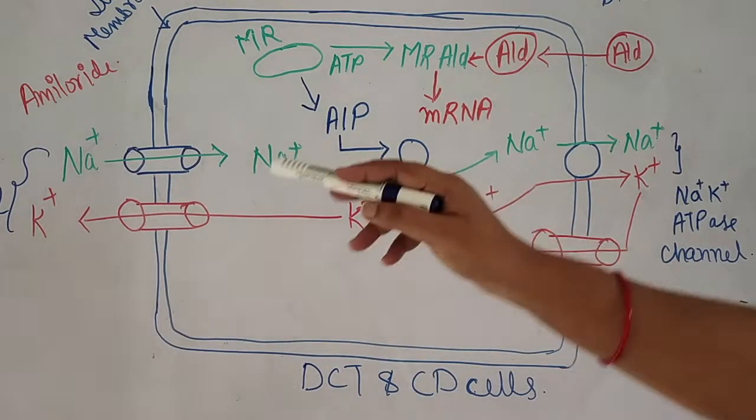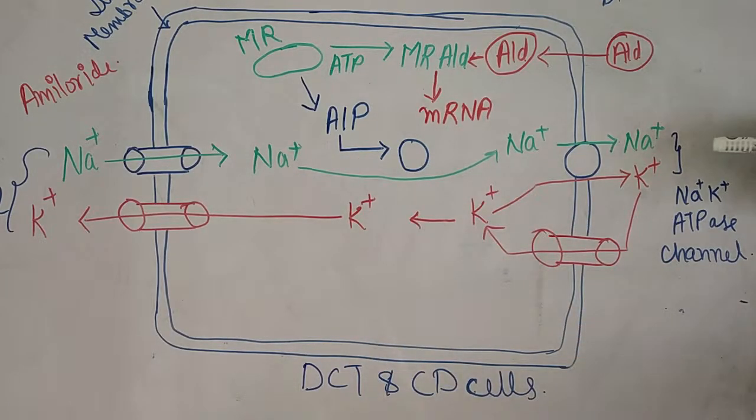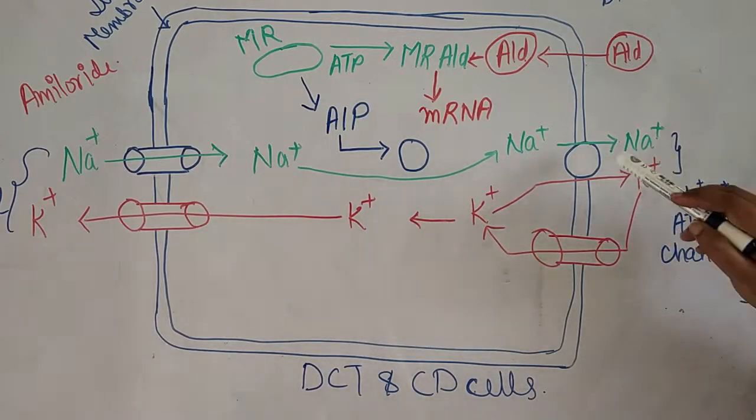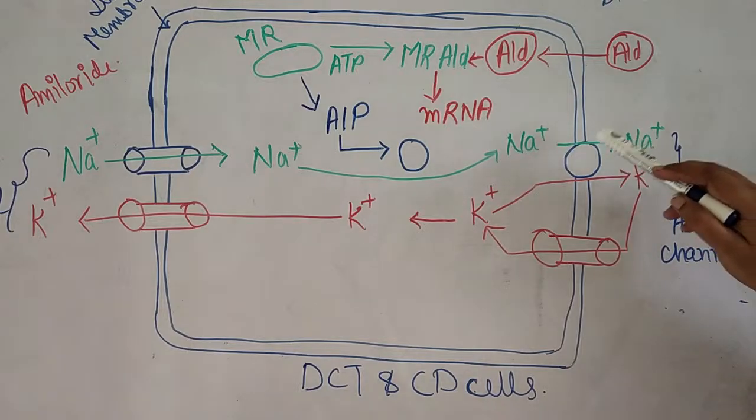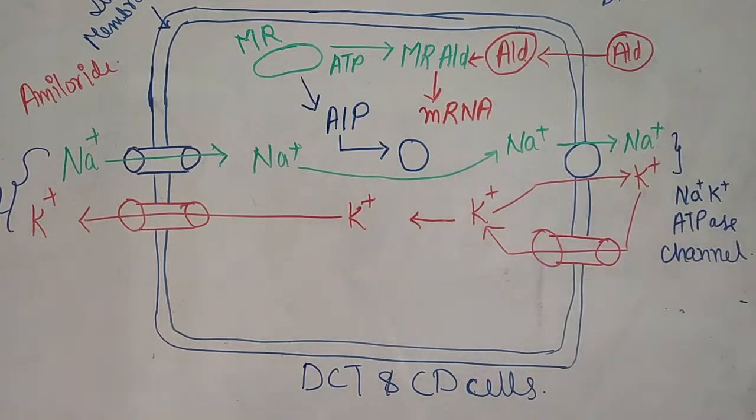Here is the sodium potassium ATPase channel, the Na+ K+ ATPase channel, which utilizes one ATP molecule to open the channel. That is why it is an ATP dependent channel.